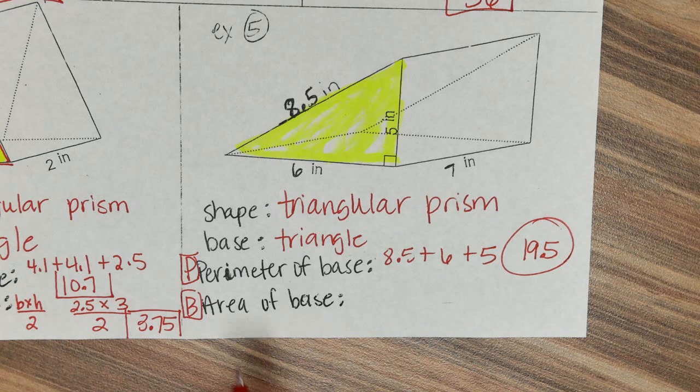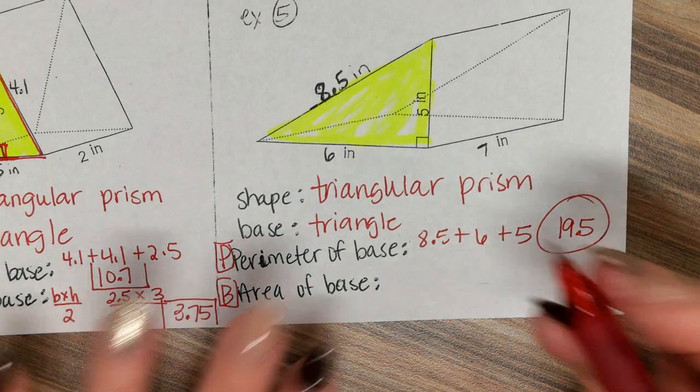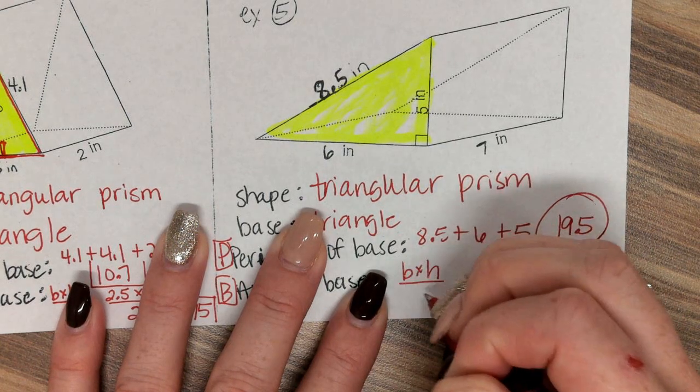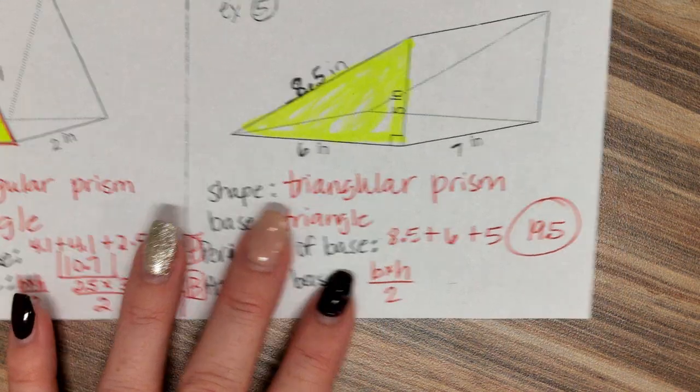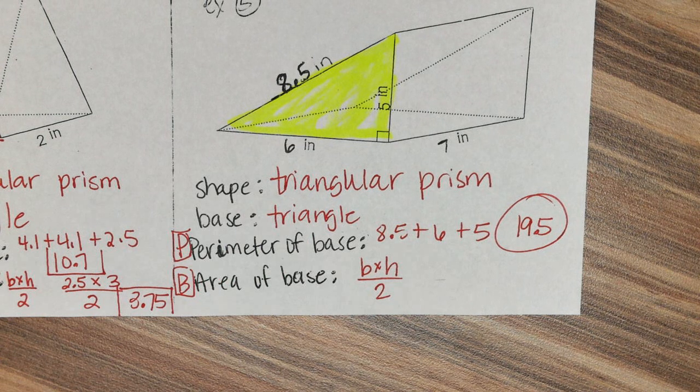Now you need to find big B, the area of the base. You're going to use this formula, base times height divided by 2. If you haven't done it, I'm going to give you 30 seconds. Find that right angle. Those are your 2 numbers that you use.